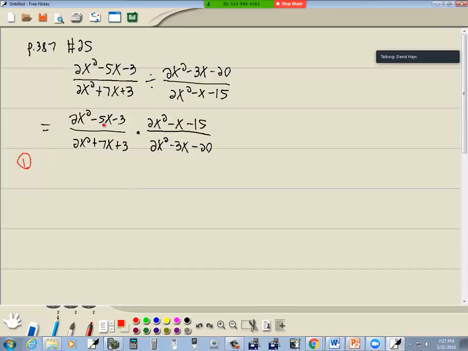Our first step to multiplying is to factor everything. This would be key number because there's a number in front of the x squared. This would be key number, same reasoning. All these would actually be key number.